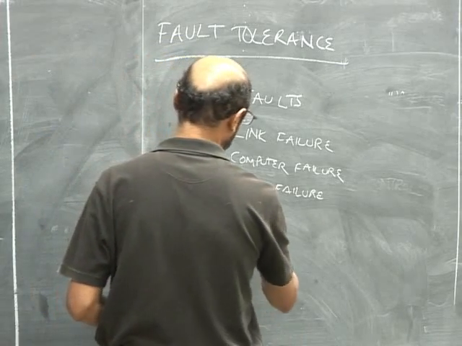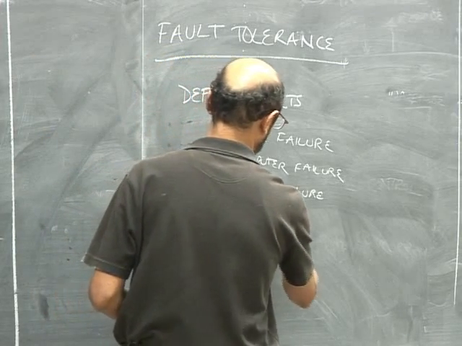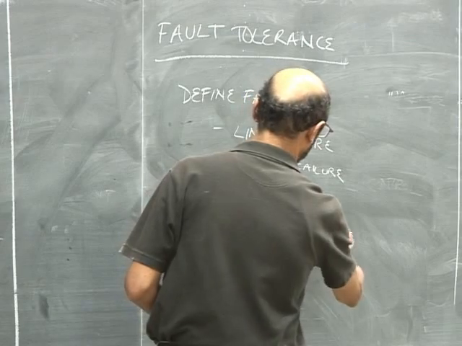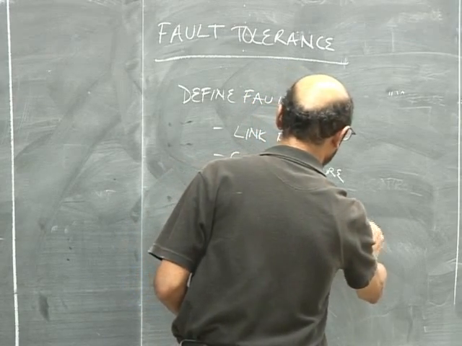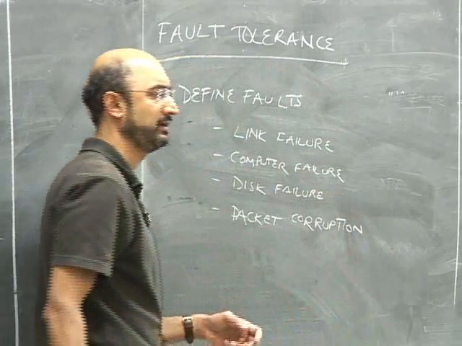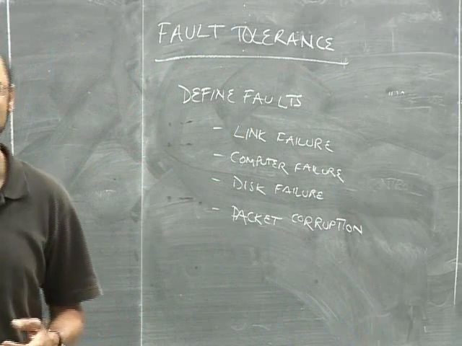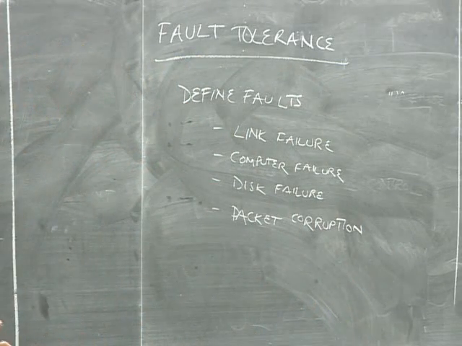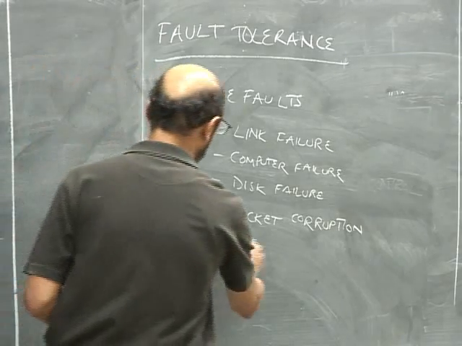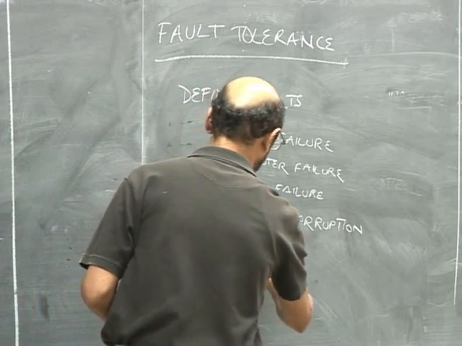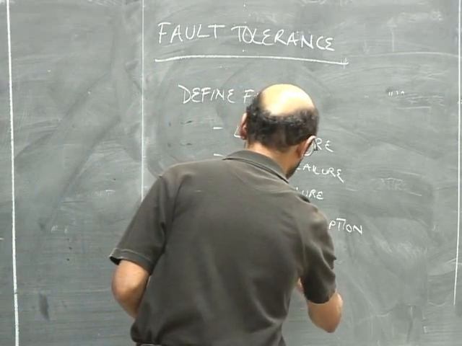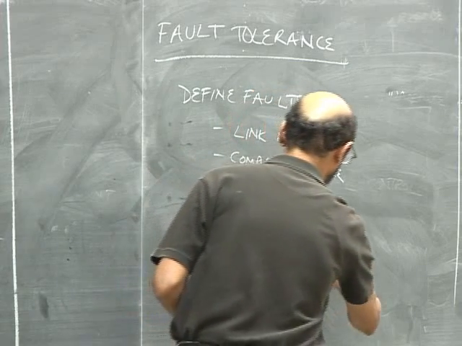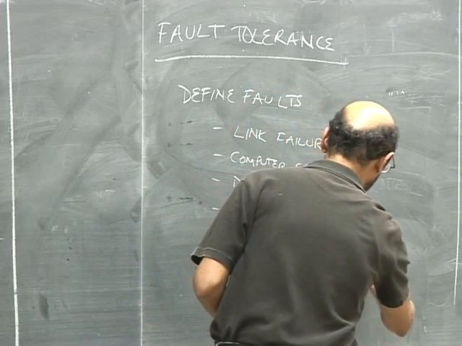We can have a packet corruption. Okay, that's not a failure really. It's just that you got wrong stuff coming out of it. It can be insidious. You can have a computation that's incorrect. Now this is a really tough one.